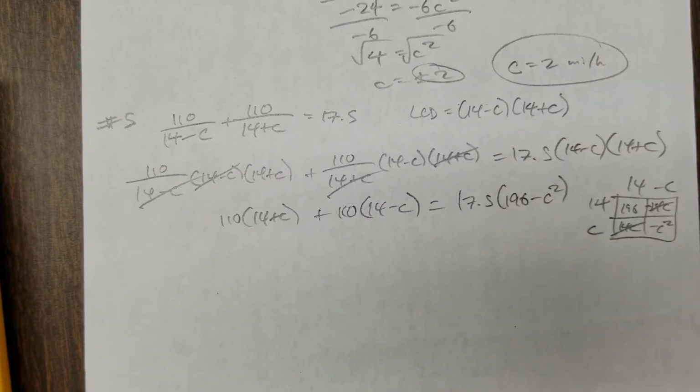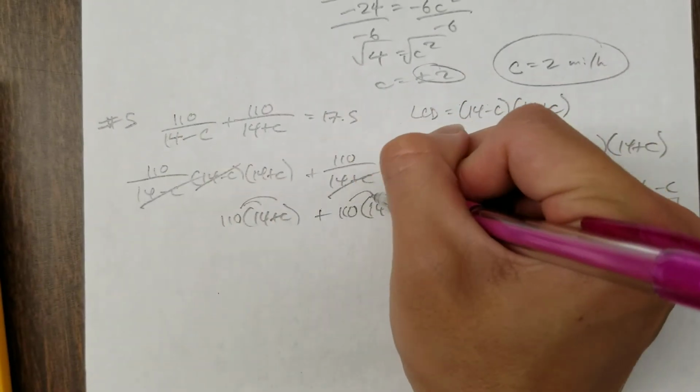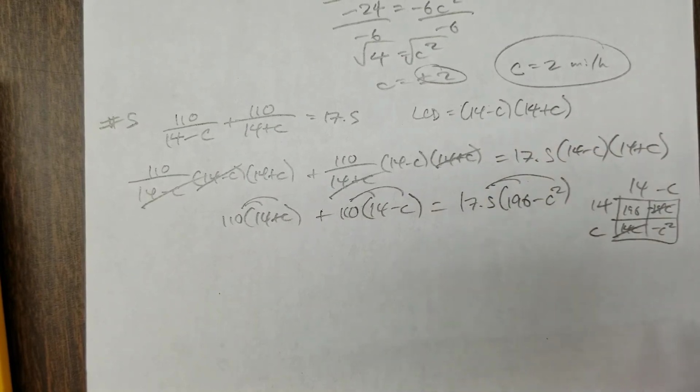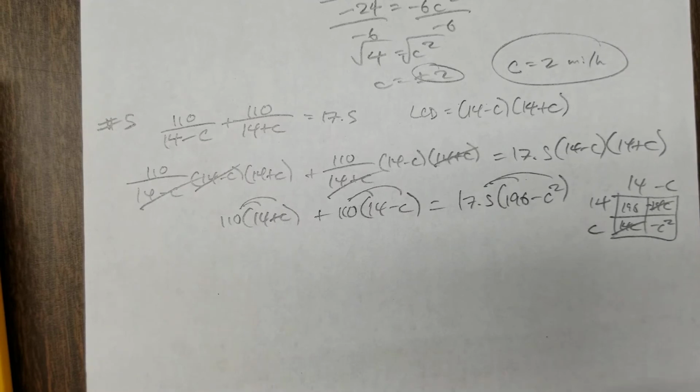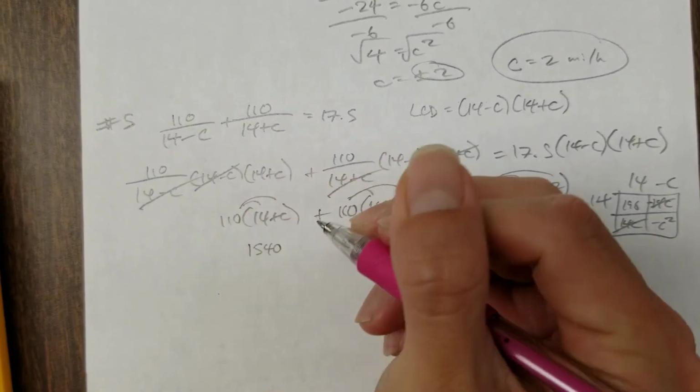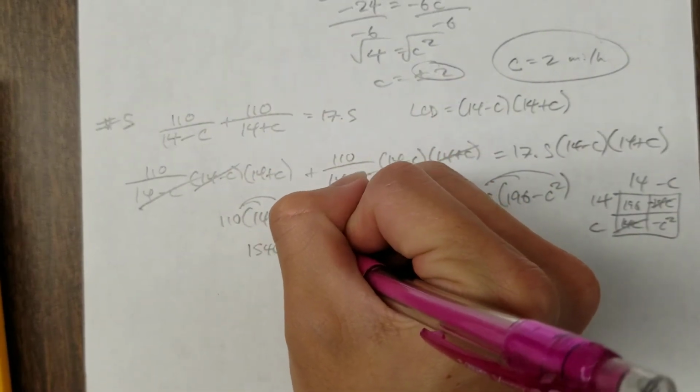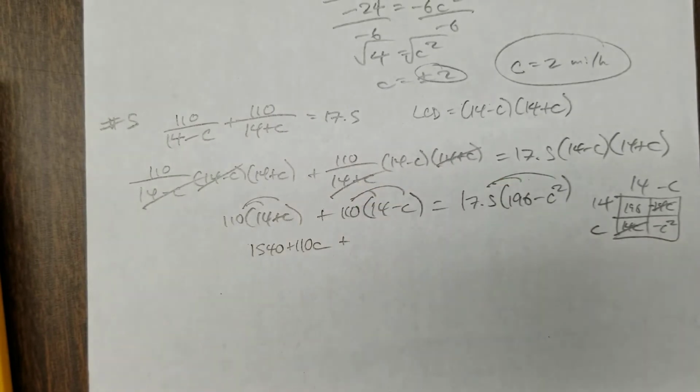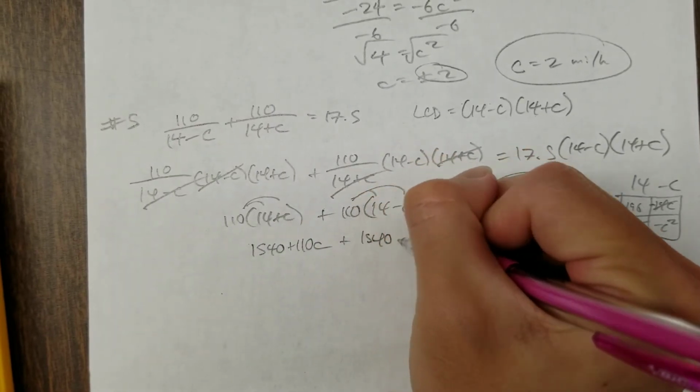Now what I see is I can distribute, and then I can distribute. I don't know that off the top of my head: 1,540 plus 110c, and then this one.